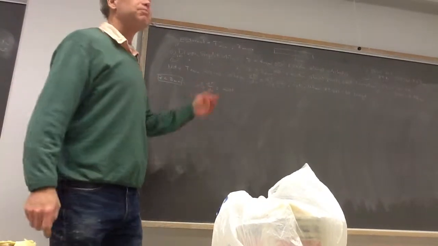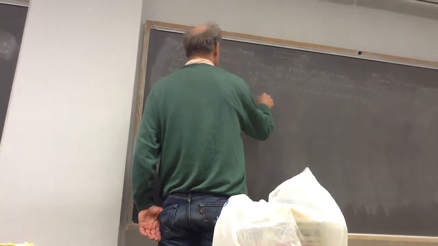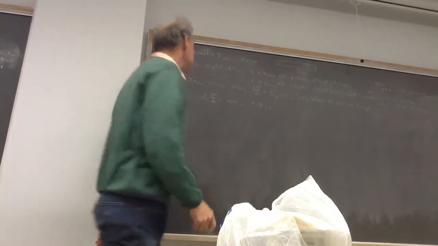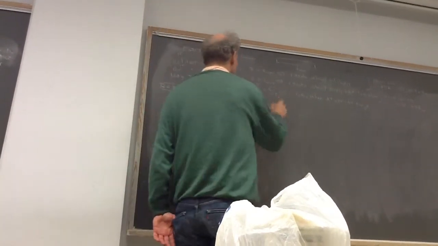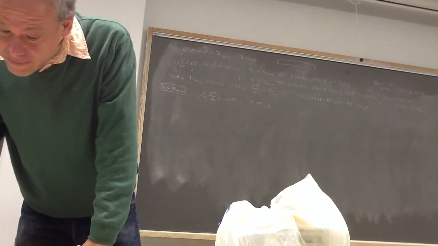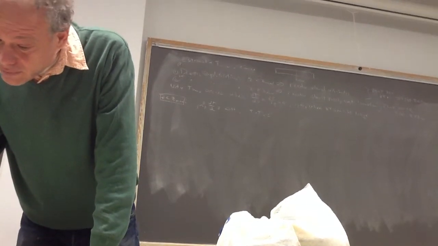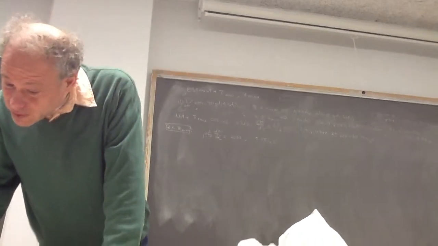So this just tells me something simple. This says that T minus T inlet is equal to... which do I want the constant on, with the C's or with the T's? With the C's. Yeah, I want it the other way around.